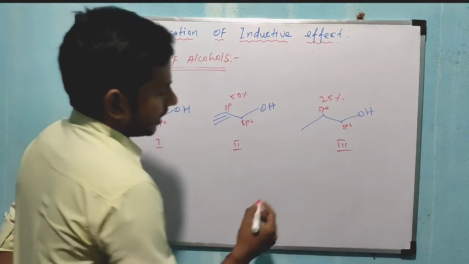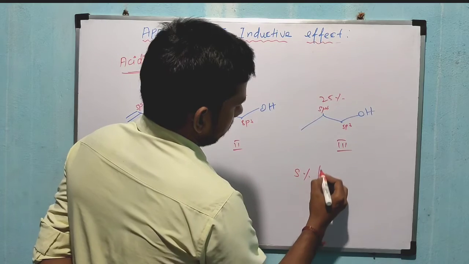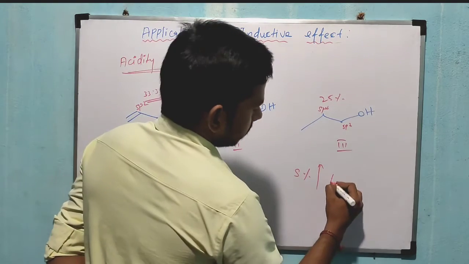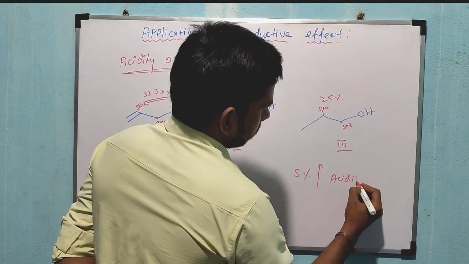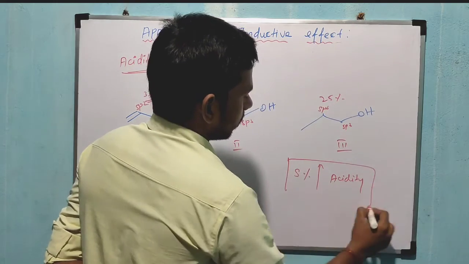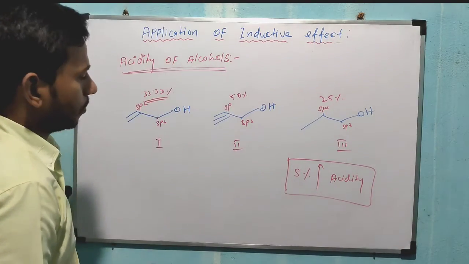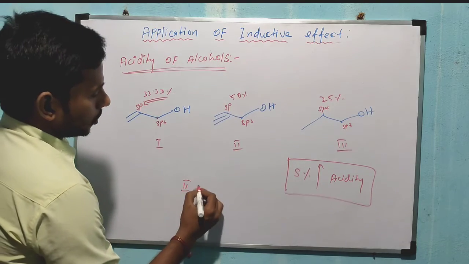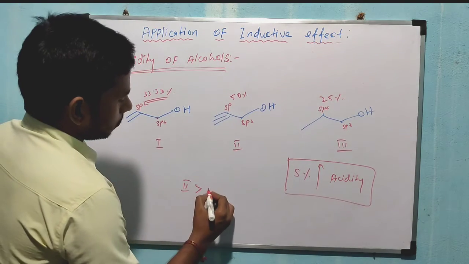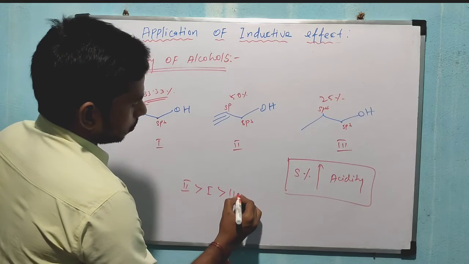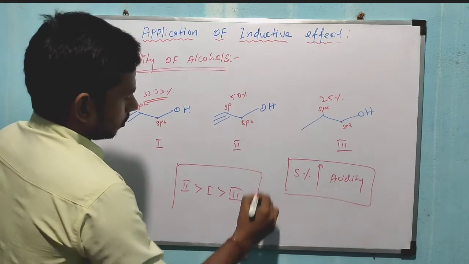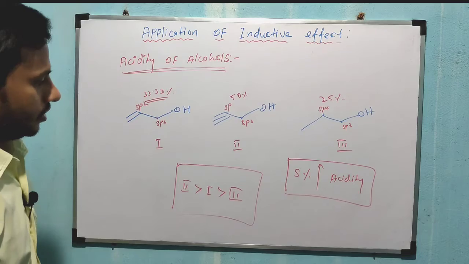So once the percent s character increases, the acidity of alcohol also increases, right? So which one is more stable? Now the second one is more stable. Next, the first one is more stable. So the last one is the least, the third one. Now this is an increasing order of acidity of alcohol.